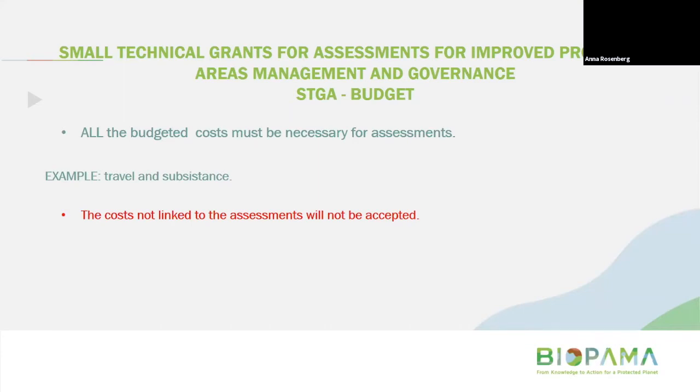As an example, we can take travel and subsistence, which we have seen in the previous slide, where an international expert was planned to travel and spend several days on site. The costs that are not linked to the assessment will not be accepted.